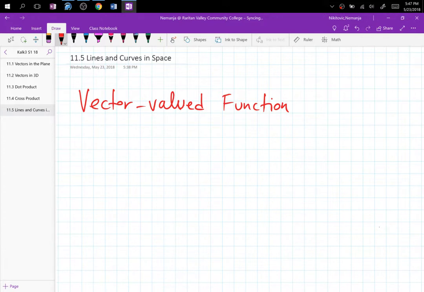Now, the vector-valued function is a collection of functions in a vector. So we are going to say r of t, that's the notation instead of f of x. Now you have r of t, and that's going to be the vector of 3 functions, in this case x of t, y of t, and z of t.